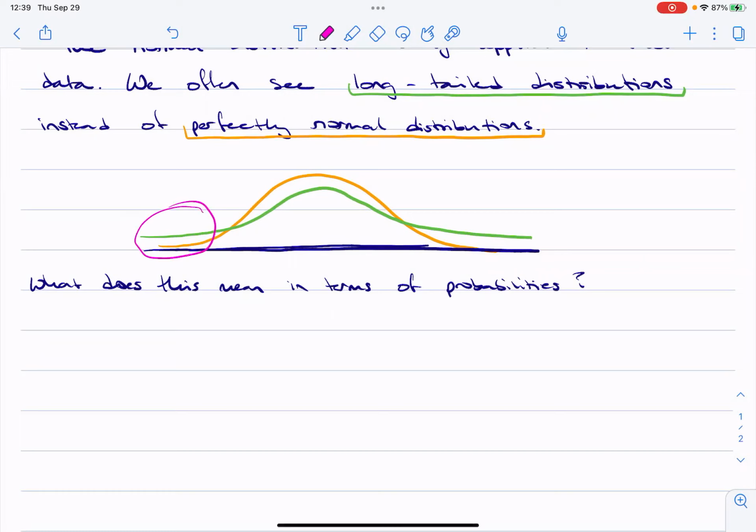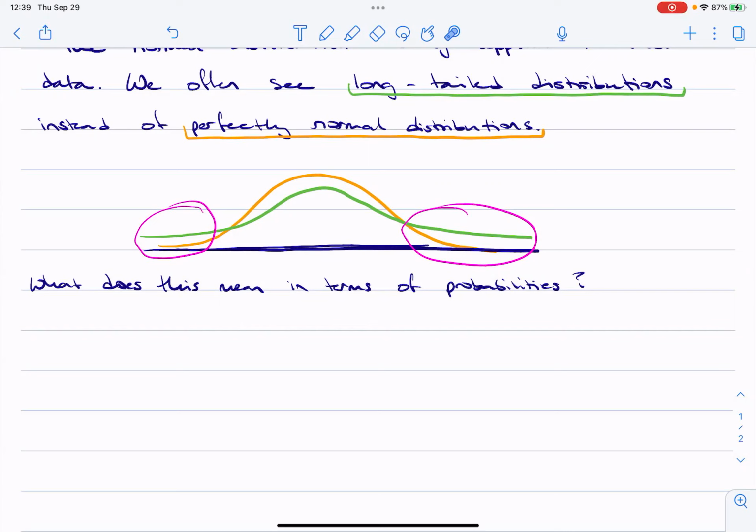Probabilities are the areas under the curve, right? Then what I'm saying here is I'm allowing for a higher probability of these extreme things happening in a long tail distribution than under the normal distribution. So if things naturally happen with this long tail distribution, but I'm assuming that it follows a normal distribution, then all of a sudden I'm going to have all these seemingly rare things happening when I need to assign a higher probability to those things, right?